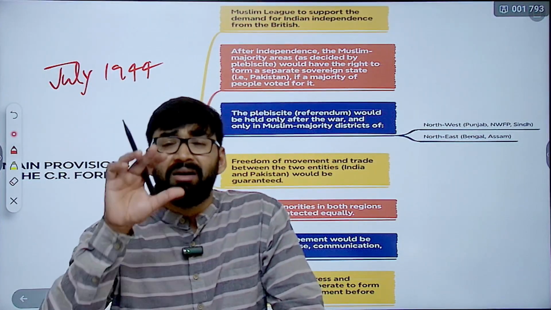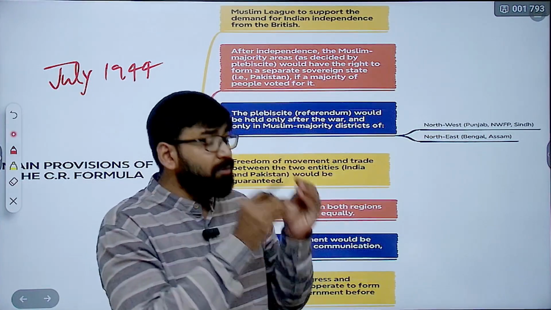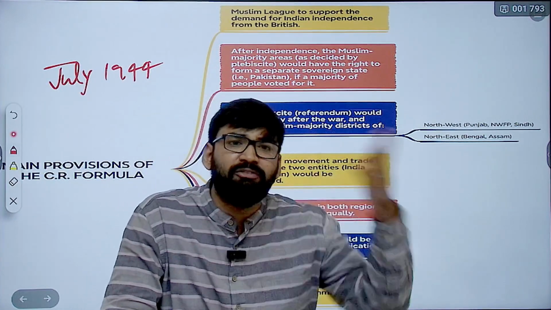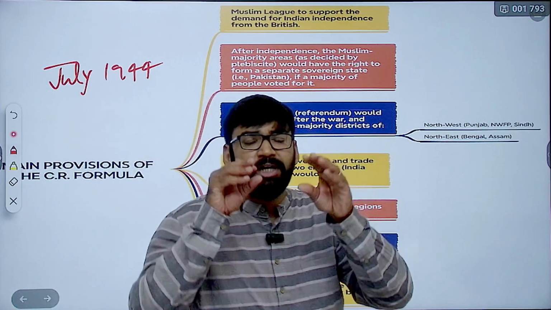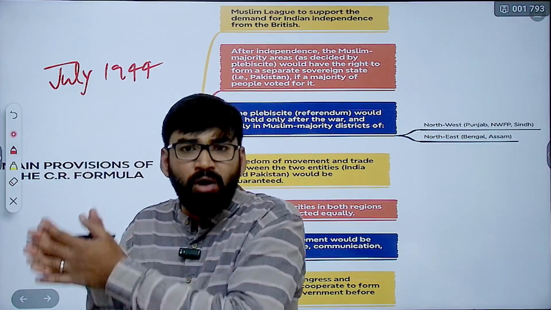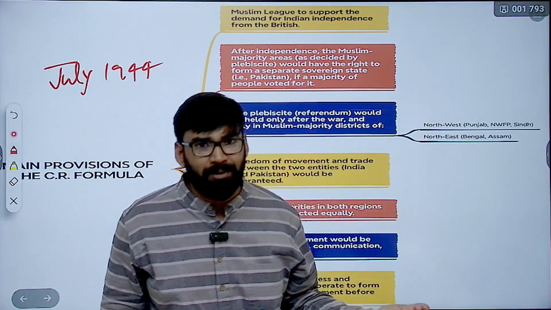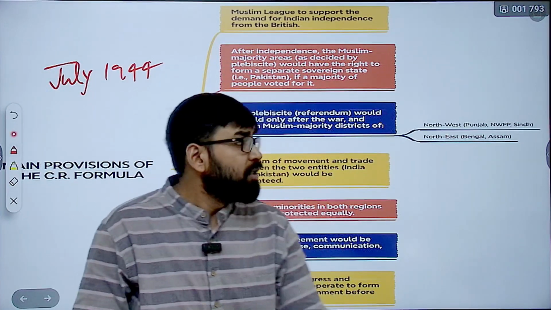Because Rajaji believed that without a compromise with Muhammad Ali Jinnah, India's independence would be delayed indefinitely. That is why C. Rajagopalachari wanted to bring Muhammad Ali Jinnah to the table by conceding something on the Pakistan issue, but not outright acceptance. है ना?